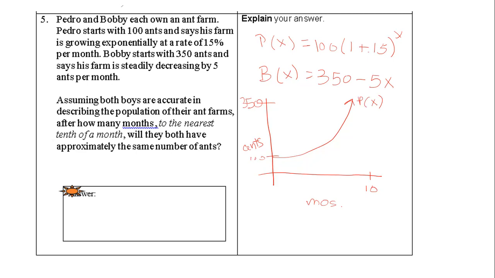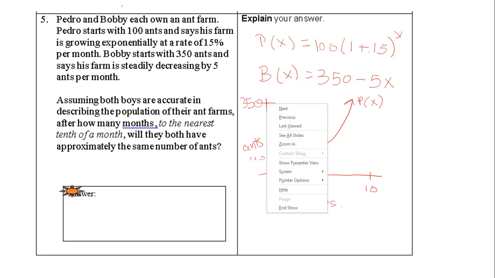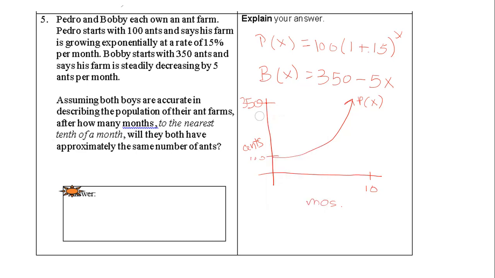Bobby, on the other hand, is starting at 350, and well, oops, that didn't work. Bobby is going down linearly, so it's a straight line. So this is Bobby's function.